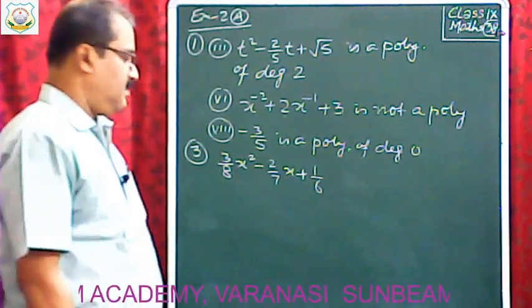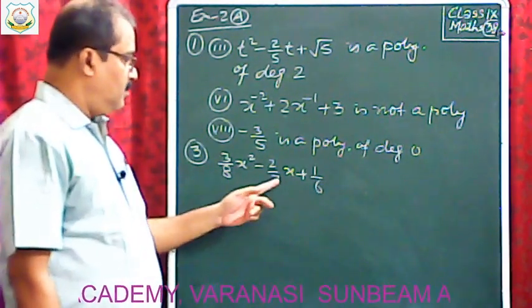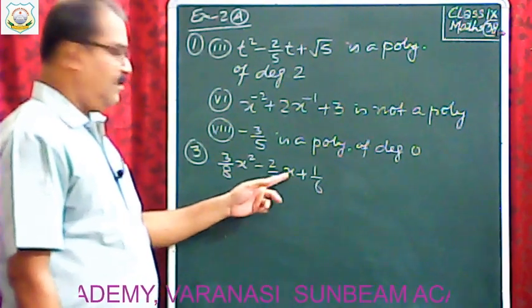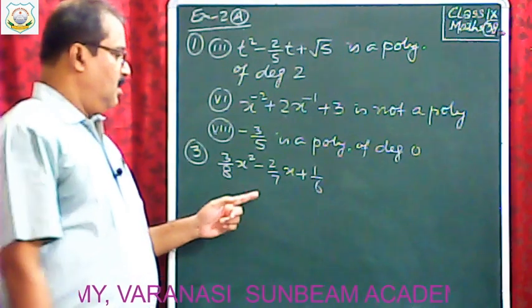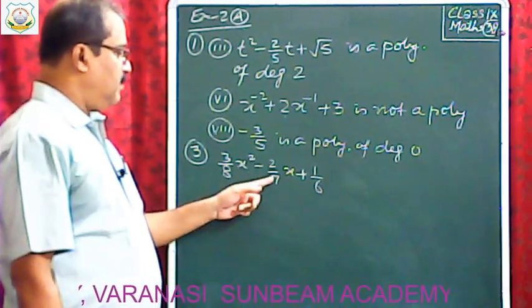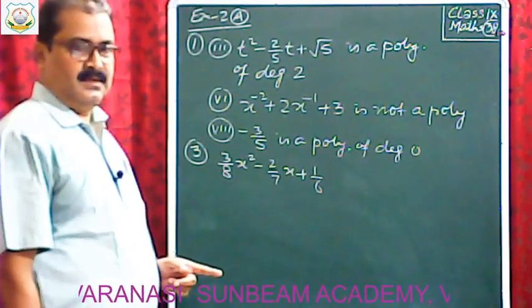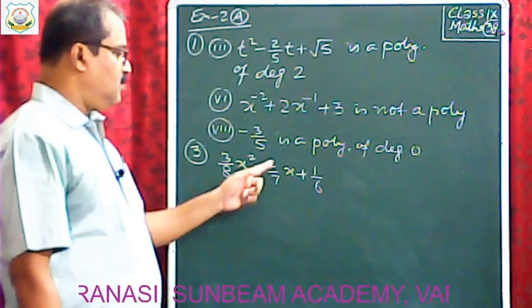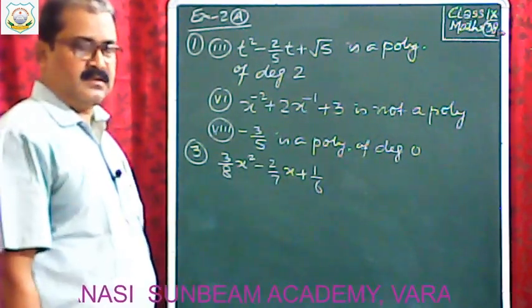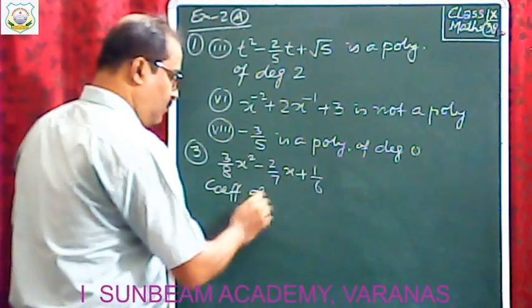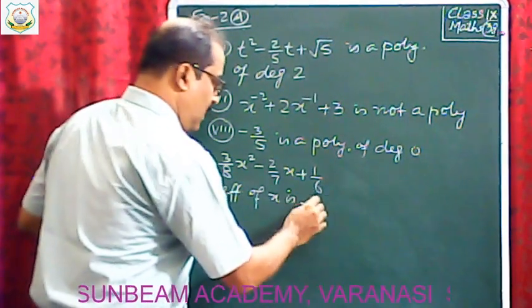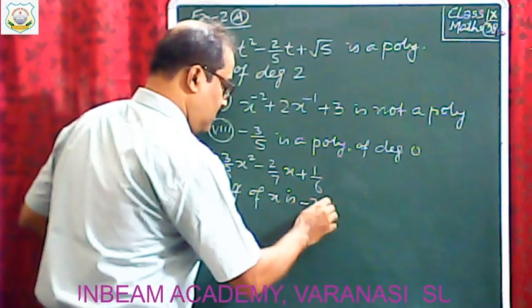First of all, you have to check the term x, and thereafter you have to write the coefficient. Minus 2 by 7 is multiplied with x, so minus 2 by 7 is the coefficient of x. The coefficient of x is minus 2 by 7.